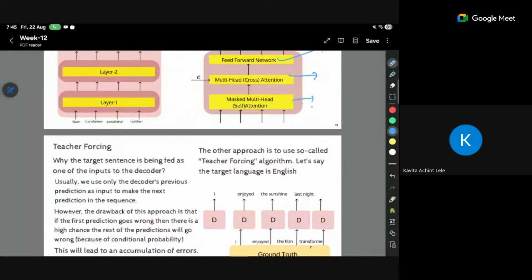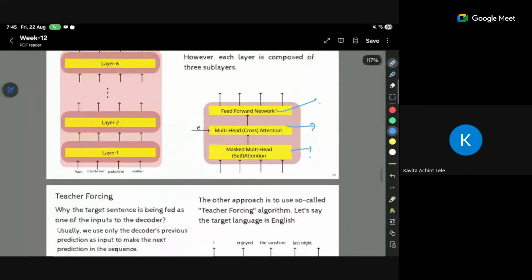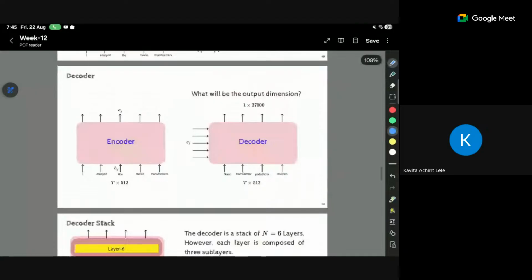Now, what happened is while encoding, you have the length of what you want to encode, right? Let's say I enjoy the movie Transformer. Now here we wanted to do translation, right, in another language. So for translation, what should be the output of this input, right? I gave something to translate.